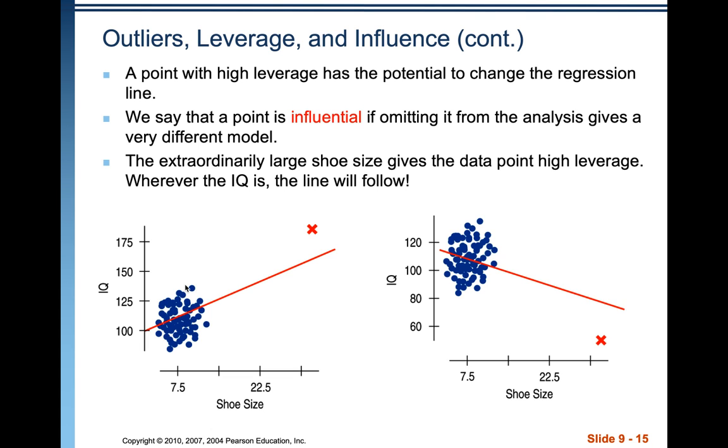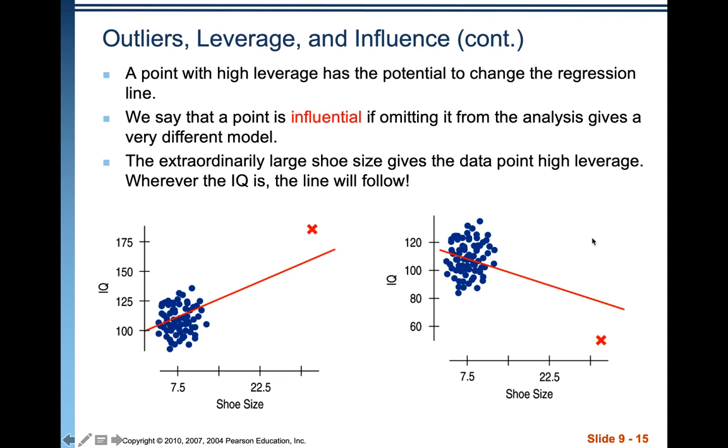But let's say that there is a clown, and we're looking at the shoe size of the clown's feet. And let's say we have a genius clown. Well, in that case, it's going to pull the model up to it, and it's going to inflate the value of R and make us think that a linear model is more appropriate than it really is.